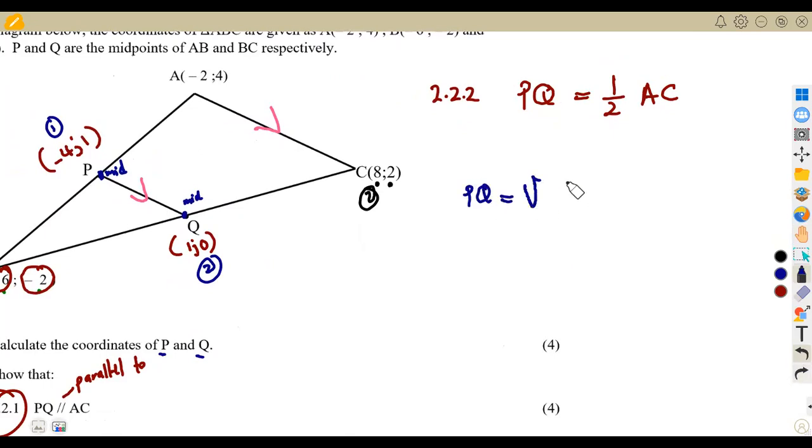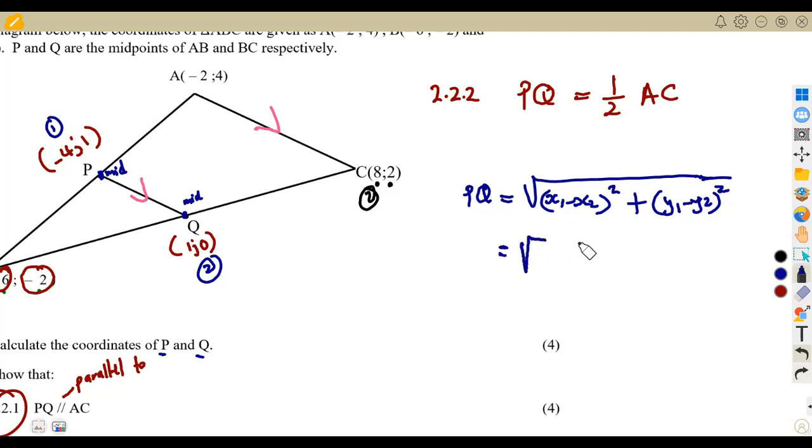Remember, the length from the distance formula is the difference in the x values, x1 minus x2 squared, plus y1 minus y2 squared, all under a square root. Talking about PQ, if we consider this as our first point and this as our second point, we subtract the x values together: -4 minus 1.